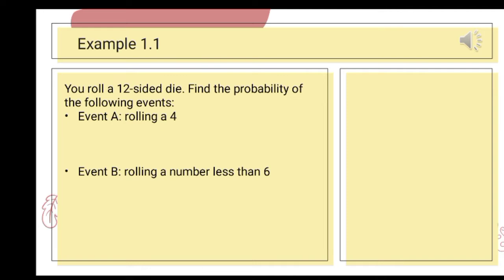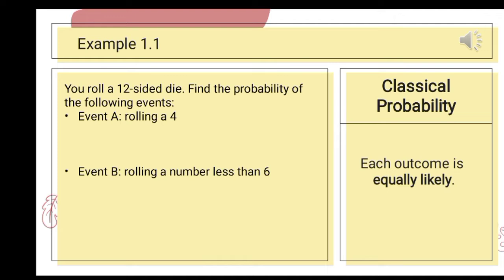So what type of probability is this? This is a classical probability. Why? Because each outcome is equally likely. The sample space for this example is 1, 2, 3, 4, 5, 6, 7, 8, 9, 10, 11, and 12 because it is a 12-sided die.